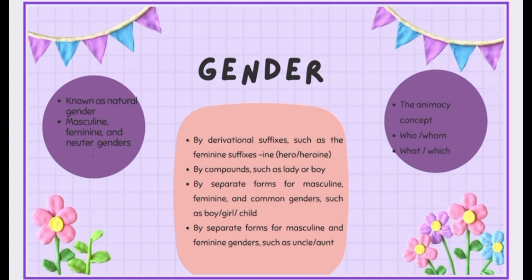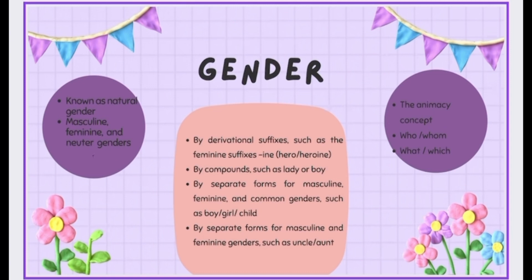Gender may also be expressed overtly on the English noun in a number of limited ways: by derivational suffix such as the feminine suffix -ine, hero, heroine; by compounds such as lady or boy; by separate forms for masculine, feminine, and common genders such as boy, girl, child; by separate forms for masculine and feminine genders such as uncle, aunt.